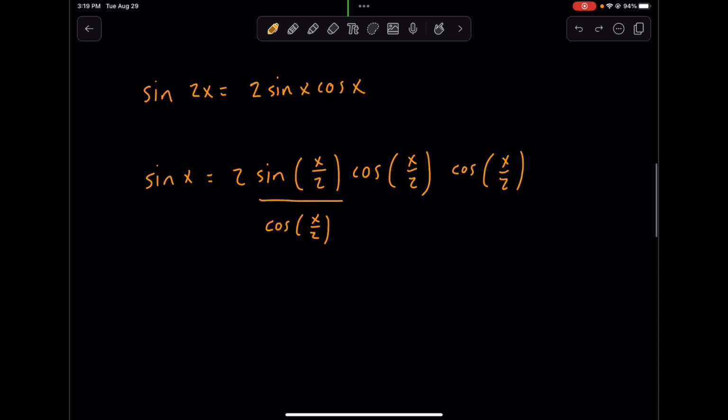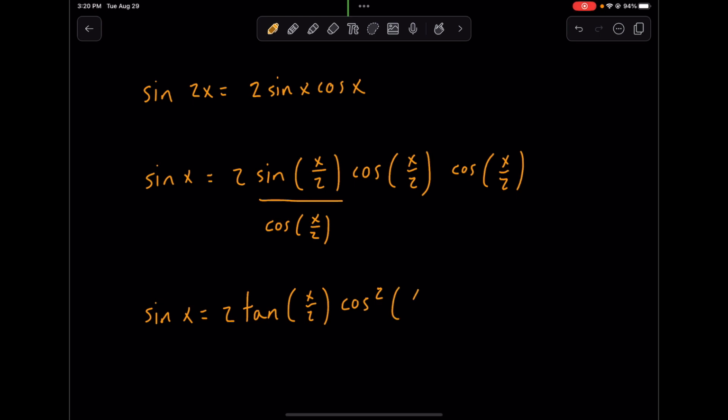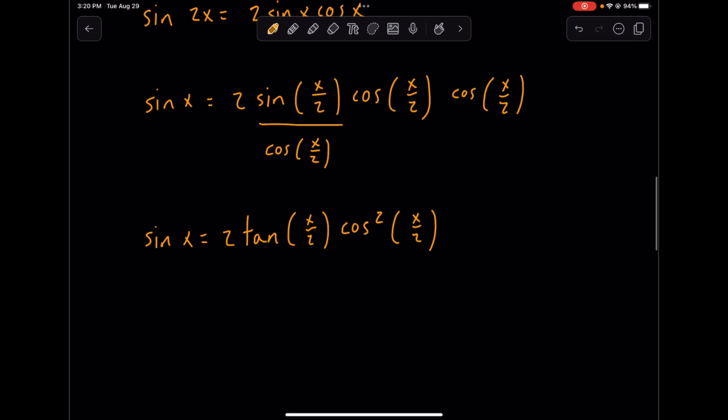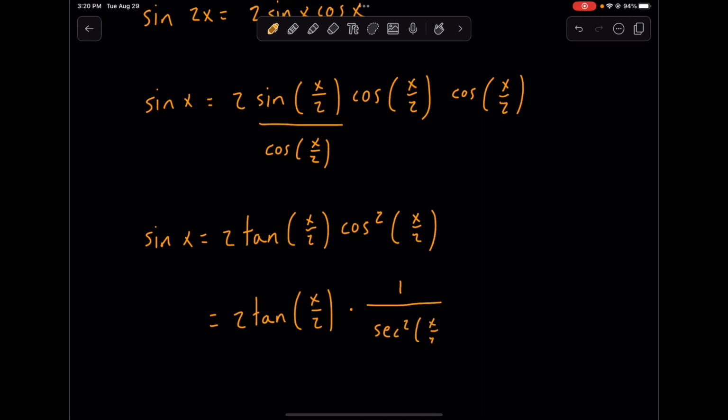So let's go ahead and rewrite this as sine of x equals 2, sine over cosine is tangent of x over 2, and cosine of x over 2 times itself is cosine squared of x over 2. Now we're going to rewrite cosine squared of x over 2 in terms of secants. So this is times 1 over secant squared of x over 2.